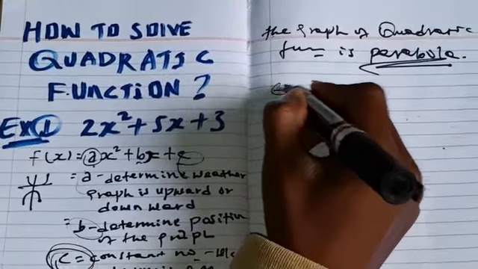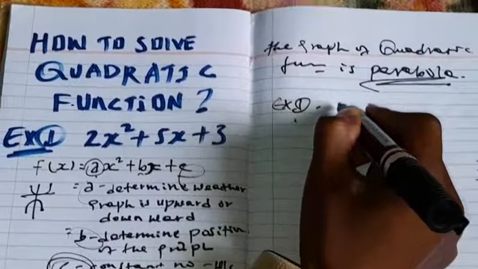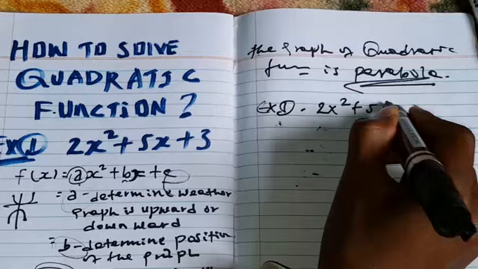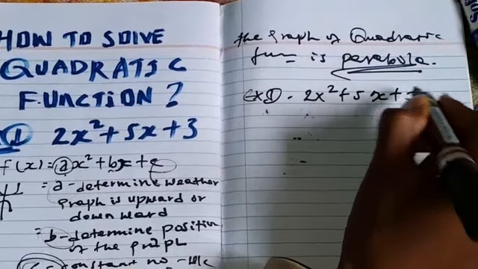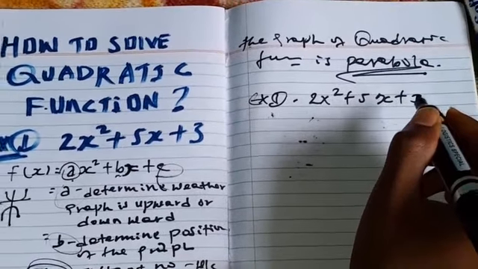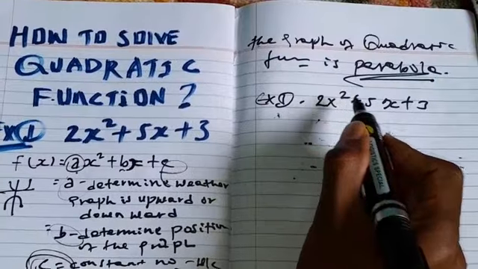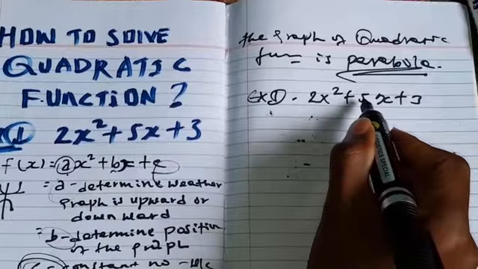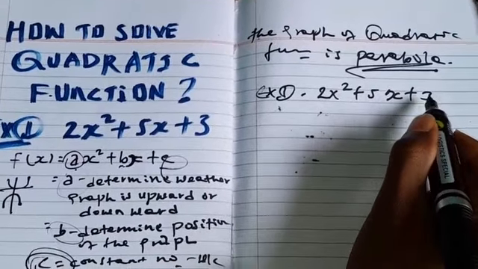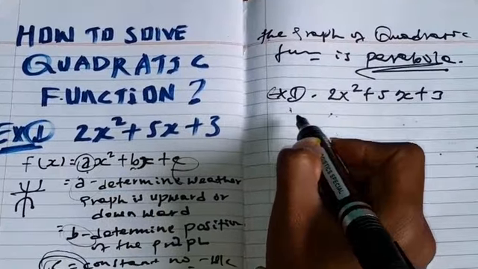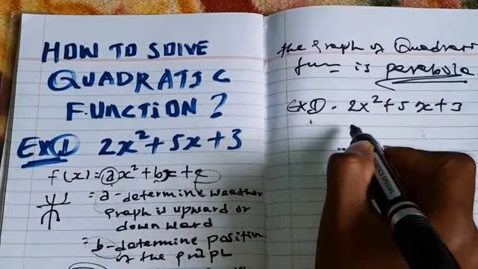Example 1: 2x² + 5x + 3. This one is a quadratic function question. This is a = 2, this is b = 5, and 3 is the constant number c. Then by the general formula, you must have this formula in your mind: x = (-b ± √(b² - 4ac)) / 2a.